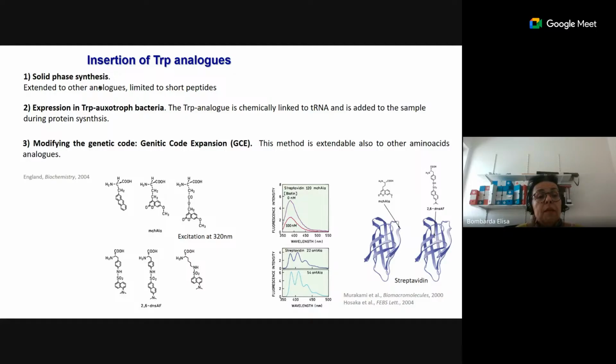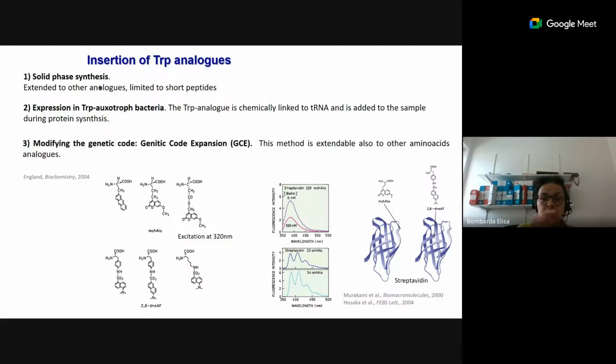Then concerning tryptophan, it can be possible to make the expression in tryptophan auxotroph bacteria, which are practically bacteria that don't have the possibility to synthesize tryptophan. And so then the tryptophan analog is chemically linked to the associated tRNA, and is added to the sample during protein synthesis.